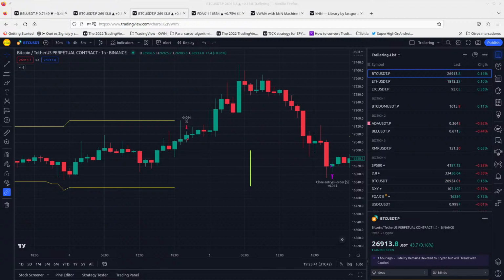Okay, so for long it is defined as close if the high from the first candle is not higher than the low. And so for short, close this if the low is not lower than the high from the trigger.